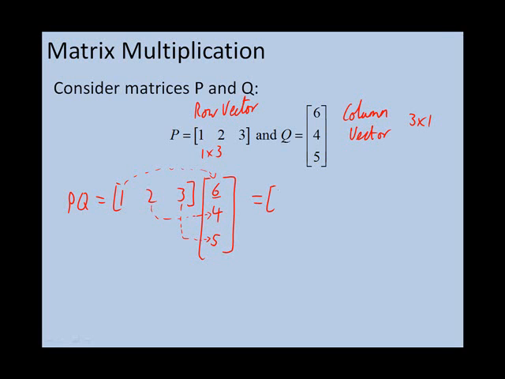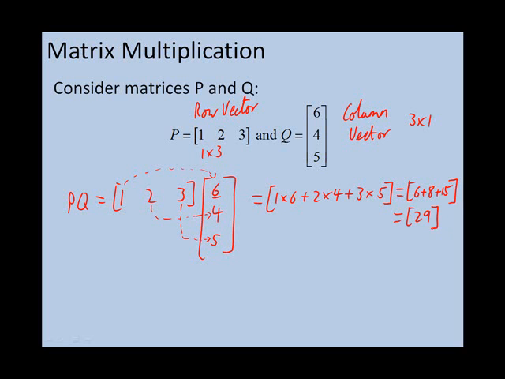We get 1 times 6 plus 2 times 4 plus 3 times 5, which equals 6 plus 8 plus 15, which equals 29. That's how we do matrix multiplication.